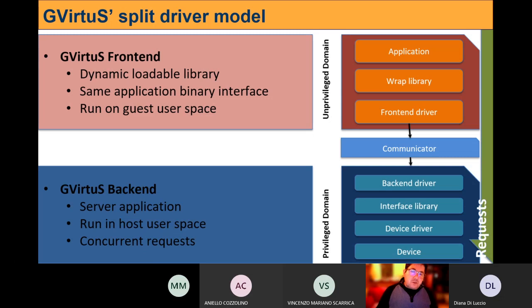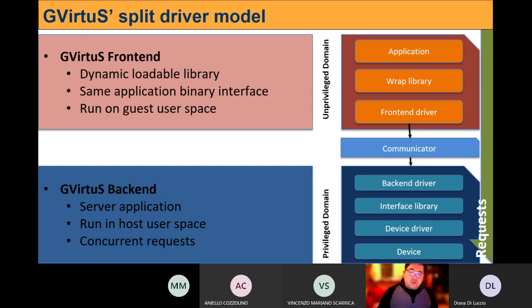In GVirtuals, it's possible to have the front end in an unprivileged domain, and the backend could be in a privileged domain, in a configuration where the main topic is sharing GPU computing with other virtual machines or remote machines, or even in an unprivileged domain.